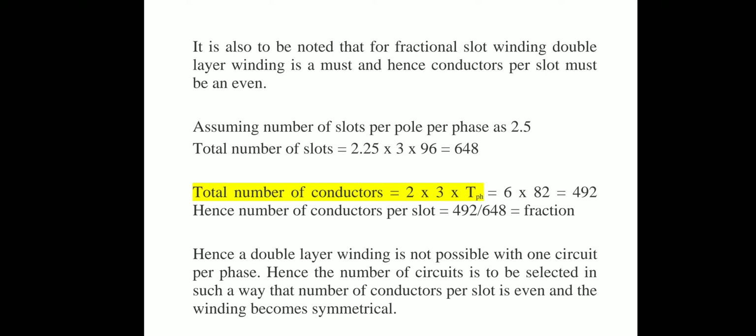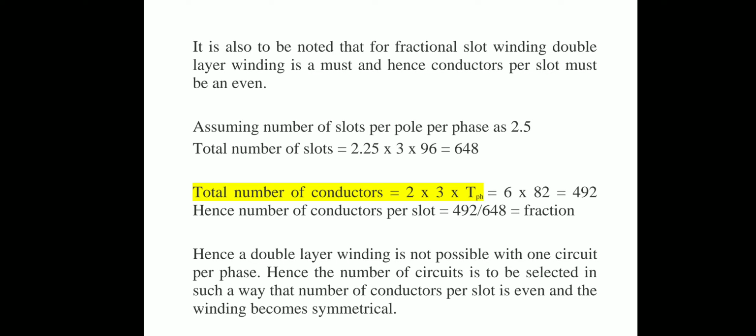Therefore the total number of conductors is equal to 2 into 3 into TPH, which is 6 into 82, equal to 492. Hence the number of conductors per slot is equal to 492 divided by 648. It is the total number of conductors divided by the total number of slots.